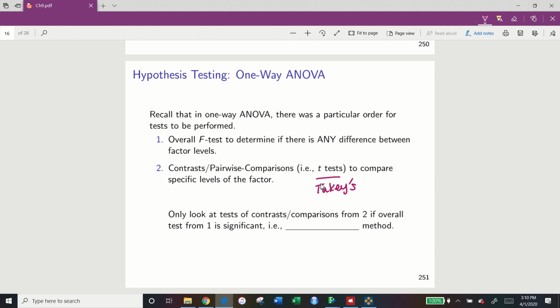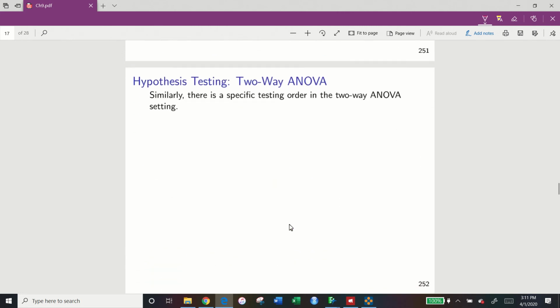If that overall test was significant, we called that Fisher's protected method. So one more time: when doing a one-way ANOVA model, we first do our overall F-test. If that's significant, we then do our contrast and pairwise comparisons using Tukey's method. Following this process is called Fisher's protected method.